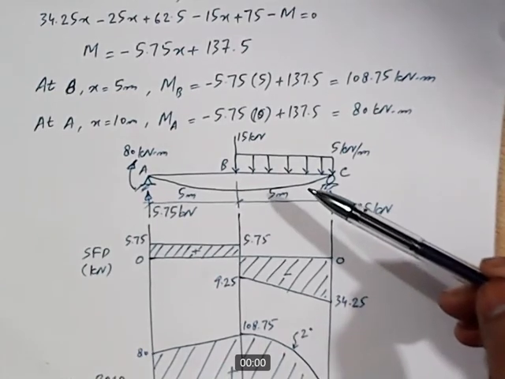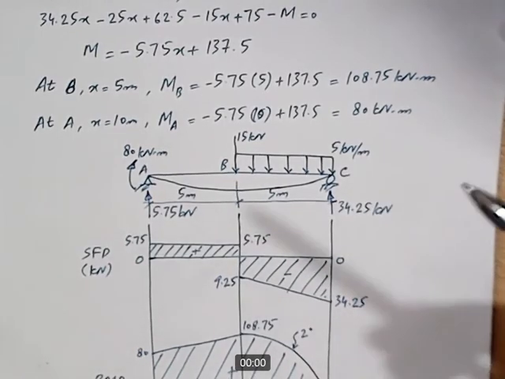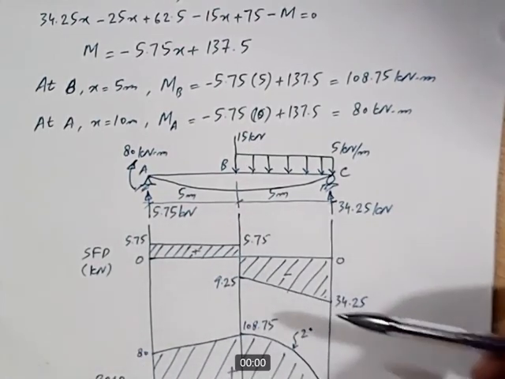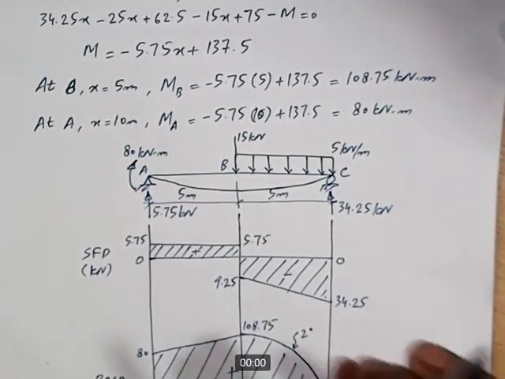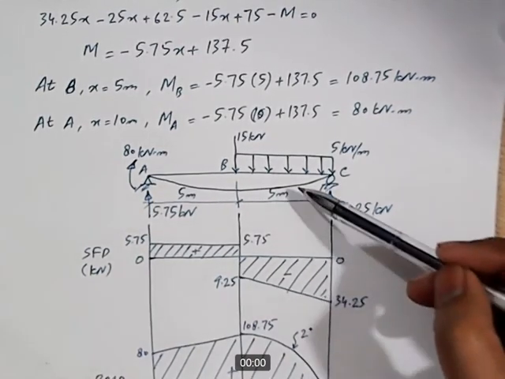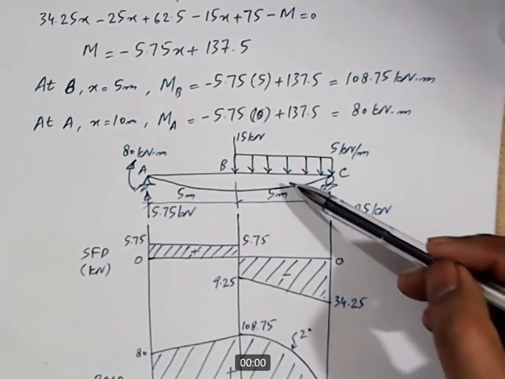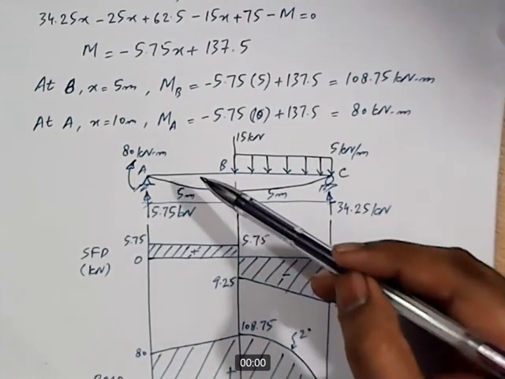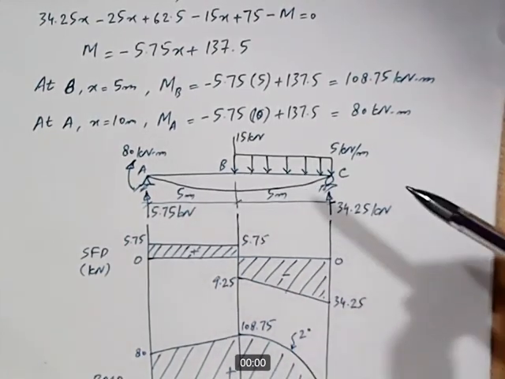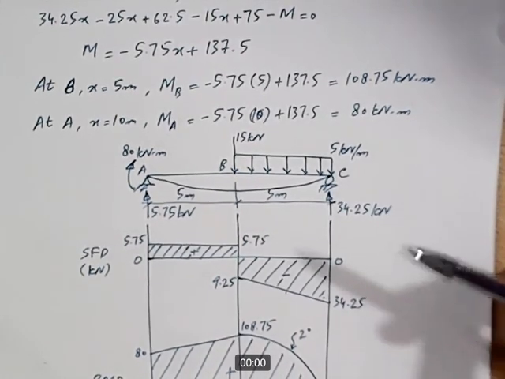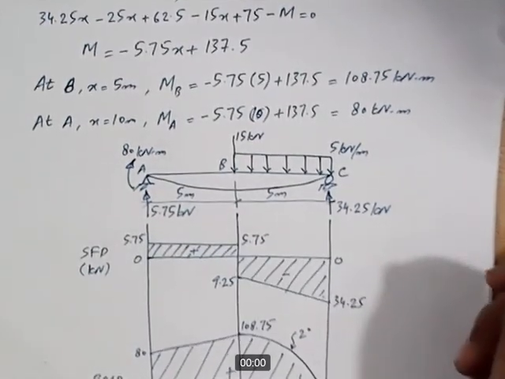In future, when you will be doing structural analysis and design of structures, every time we do not need the entire shear force diagram and bending moment diagram. Sometimes we just need the value of shear or bending moment at a particular location. In that case, if the location is close to the right end and a lot of complicated types of loads are present on the left side of that section, then it is much simpler to proceed from the right side. So in that case, today's lecture convention will help you.